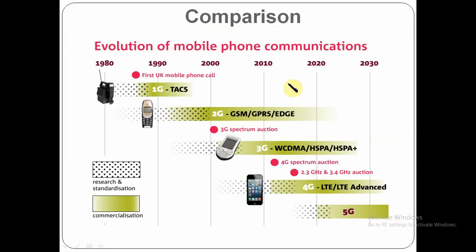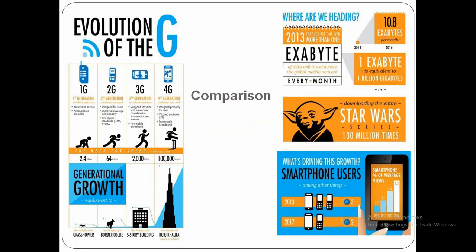This is one graphical representation of the evolution from 1980 to 2030. 1G, 2G, 3G, with research, standardization and commercialization, and there are gaps in between every generation; almost 10 years is the gap for developing one generation of technology. Some market studies and evaluations are given here.